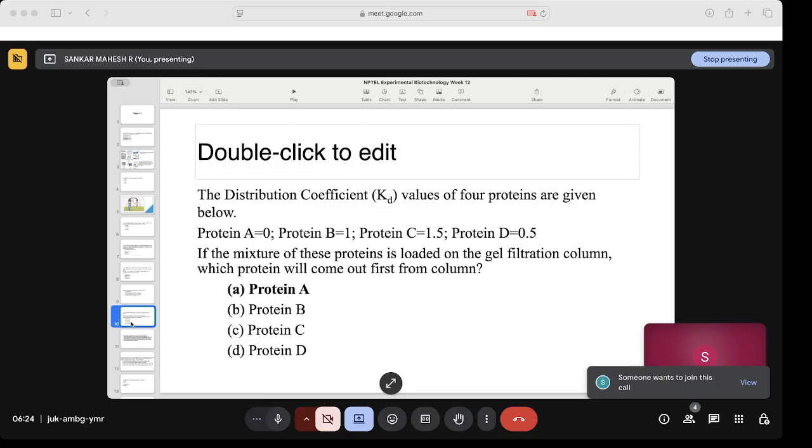So it may interact with both the phases. From what I know, I don't think your KD can be greater than 1.5. It should be somewhere between 0 and 1, where 0 means it is not at all binding to your beads, and 1 means it's fully bound to your beads.